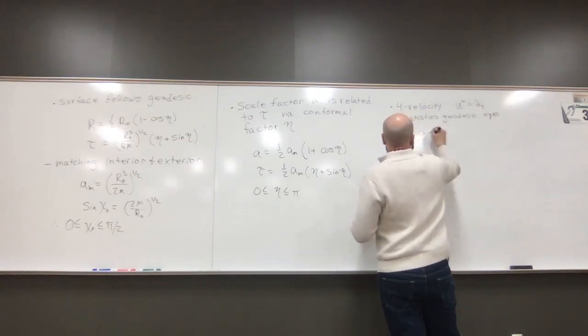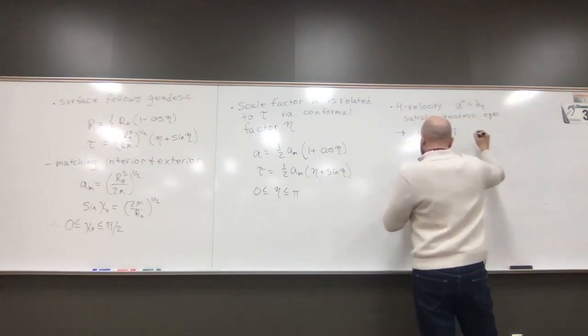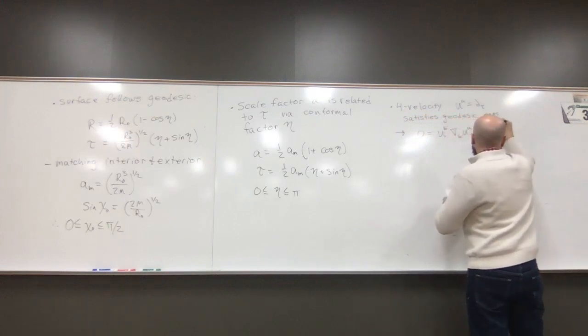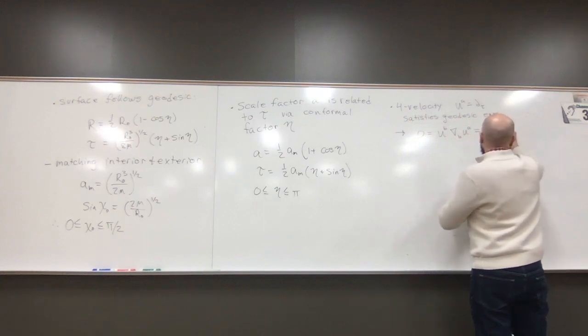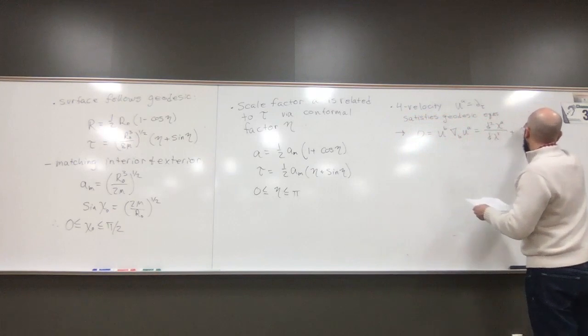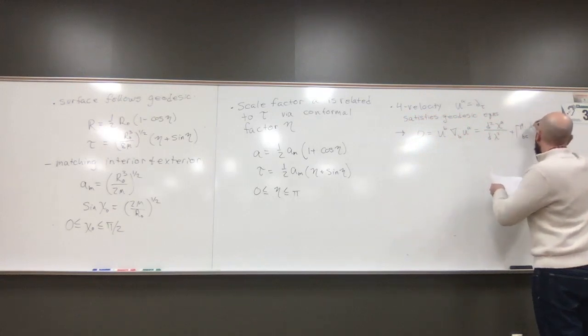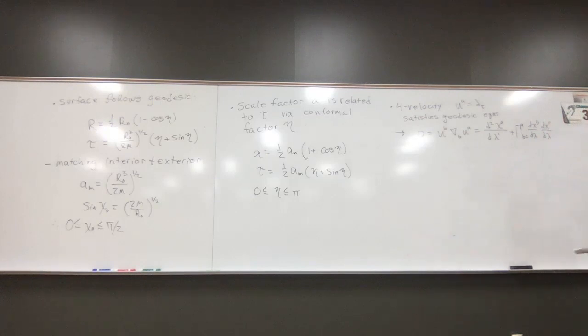I'll hold my finger where I'm at in my notes so I don't skip ahead. u^b ∇_b u^a is equal to d²x^a over dλ², where λ is an affine parameter, plus the connection coefficient Γ^a_bc times dx^b/dλ times dx^c/dλ. That's just the geodesic equation, right?